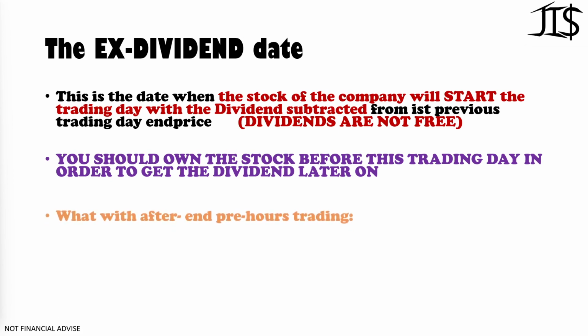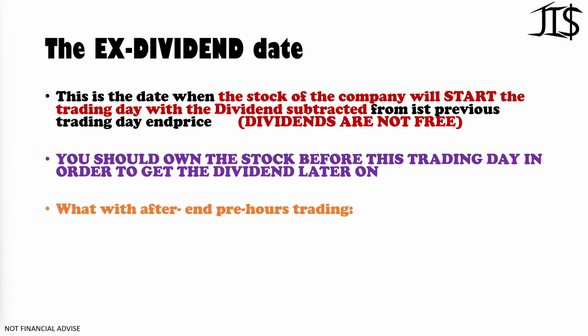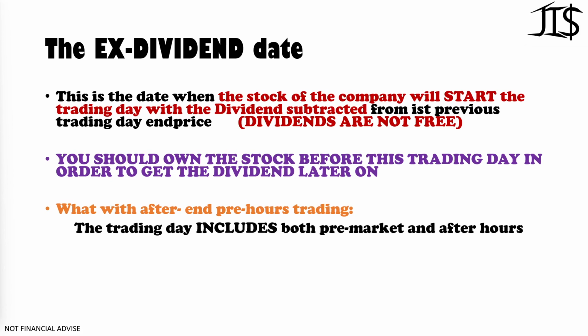And then you can say, yeah, but what about the pre and after hours trading in the US or something like that? Well, the trading day includes both the pre-market and the after-market hours. So the pre-market hours start 3 hours, or 3 and a half hours, before the market opens, which in America is at 9:30.